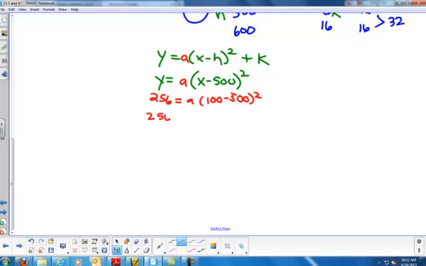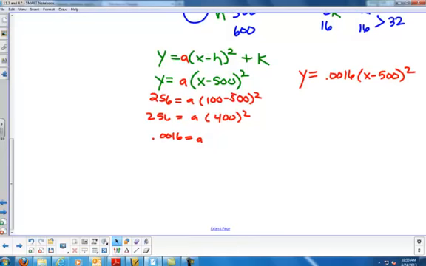So 256 equals a times 400 squared. So if I divide that out, then a is going to be 0.0016. So my equation, and we can check this on a graph and calculator, and it does work, is 0.0016 times x minus 500 squared. Aren't you glad you learned vertex form?